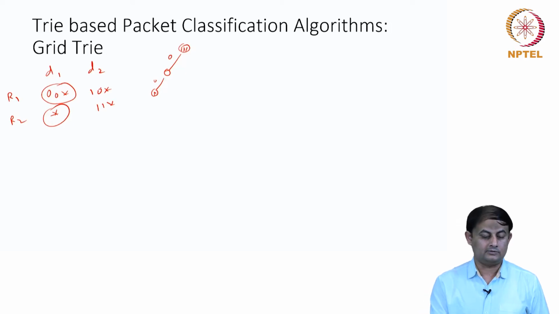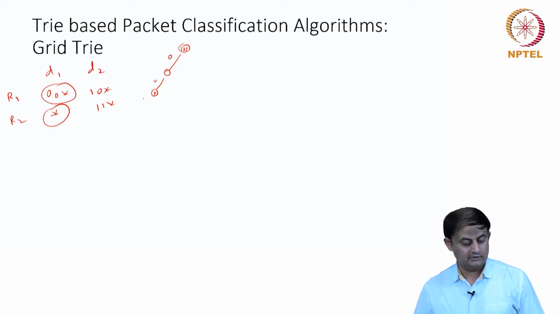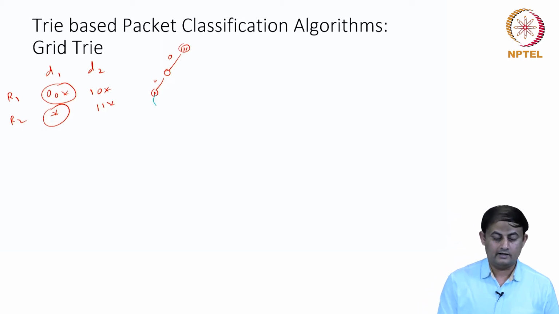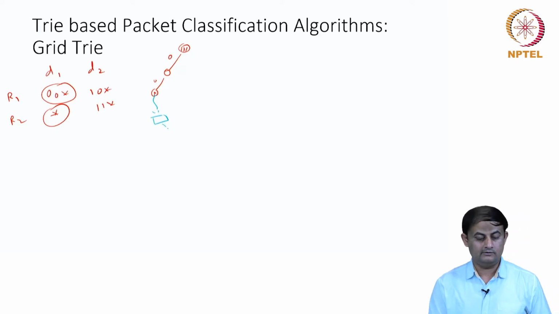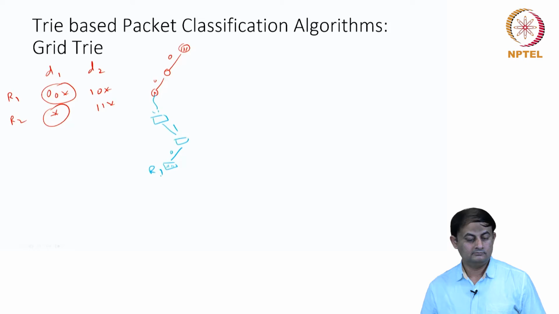D2's first rule R1 says you need to have the path for 1 0 star, and that can be done by having a no cost link to another node, and then on a 1 you come to the right, and then on a 0 you go to the left. This is your rule R1.